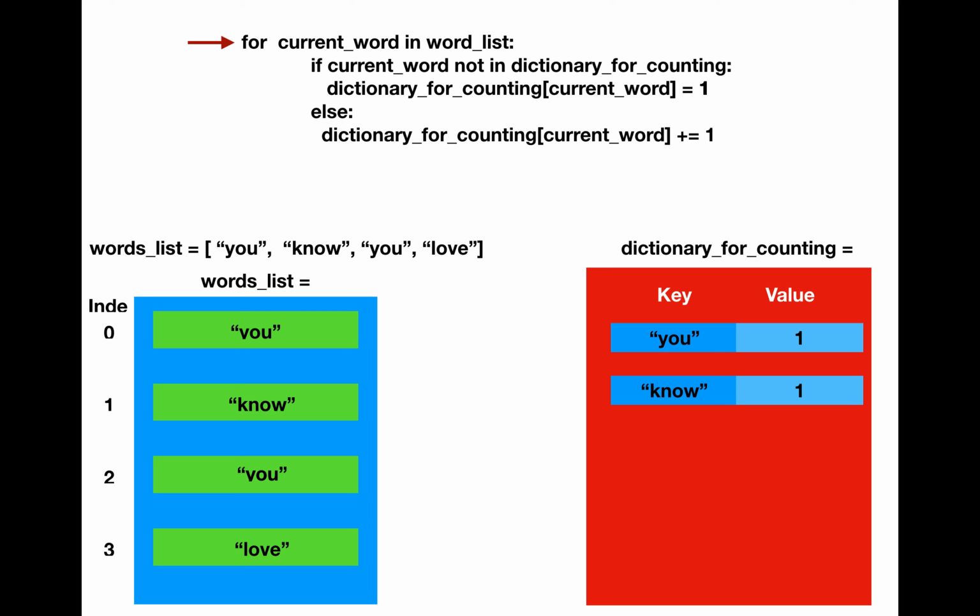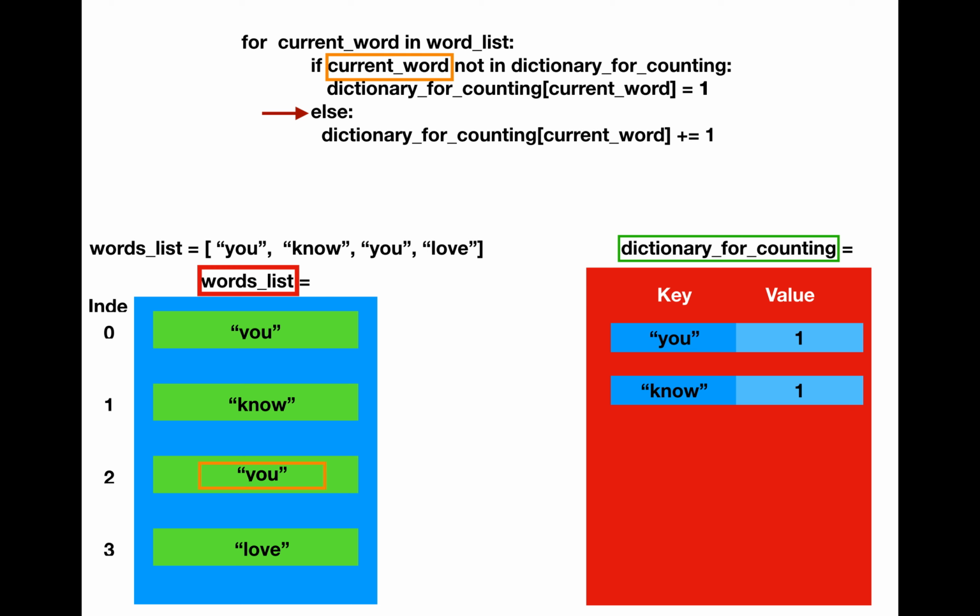Now let's go to the next iteration. Again, look at the list. We look at the current word. In this case it is going to be the third word, which happens to be u. And we ask, is the current word in the dictionary for counting? Let's look inside the dictionary for counting, and we notice that the current word, string u, is already in it.